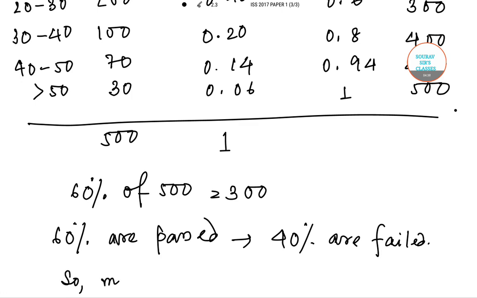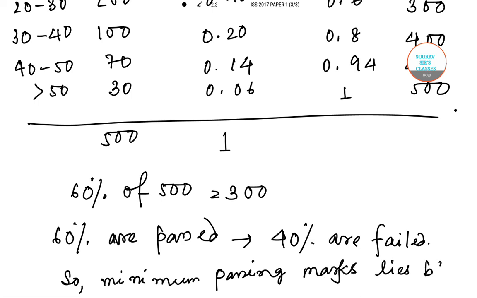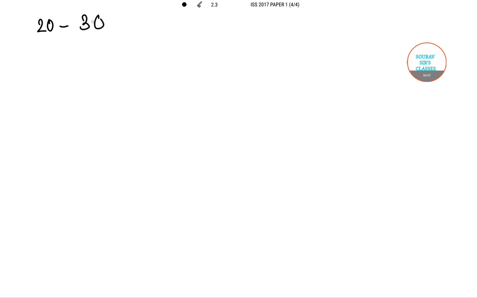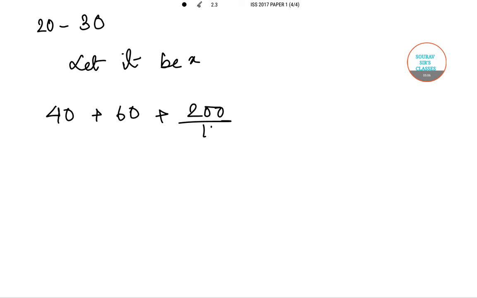So minimum passing marks lies between 20 to 30. Let it be x. So 40 plus 60 plus 200 by 10 multiplied by x minus 20 is equal to 200.